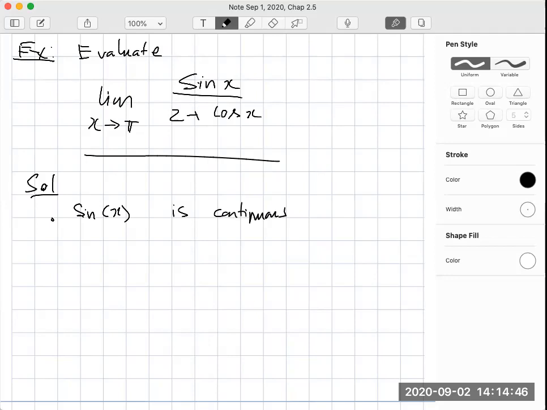The cosine function is continuous all over R, right? Or we say from negative infinity to infinity.